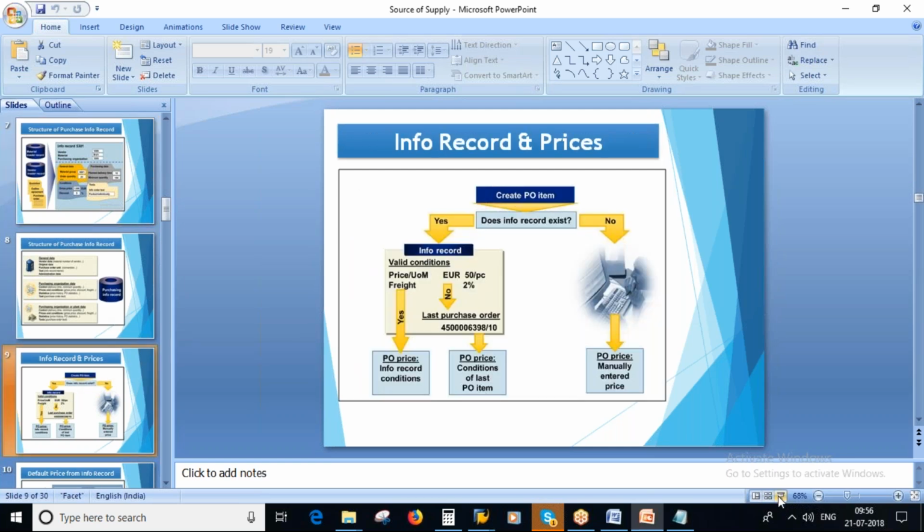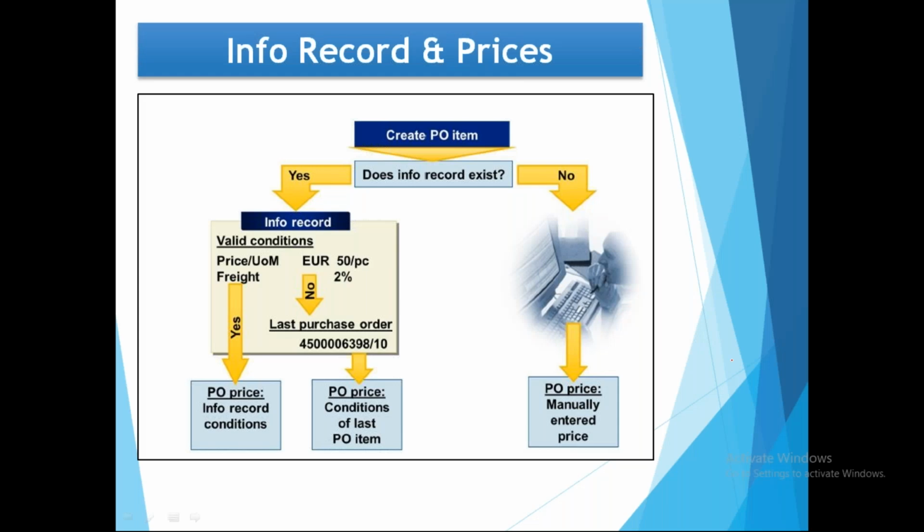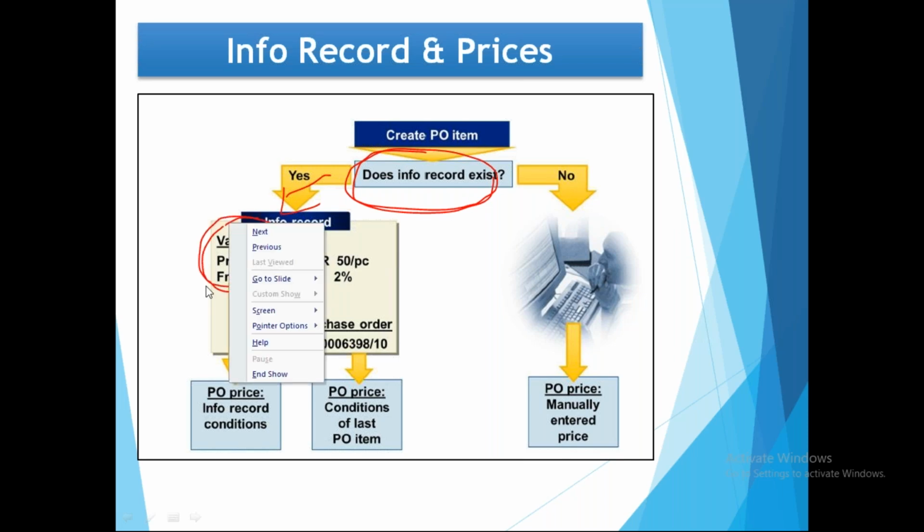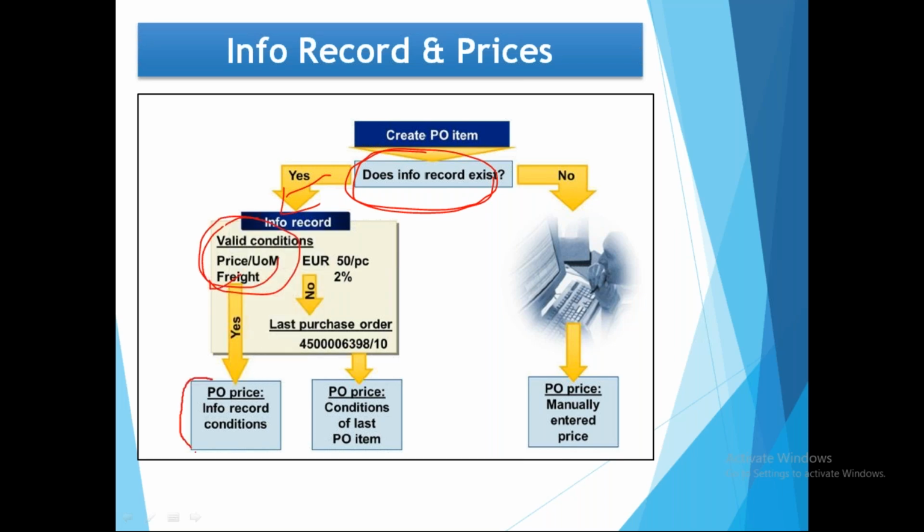So whenever you create a purchase order, system will check whether an info record exists or not. If yes, system will read the info record and it will propose all the price and everything into the PO. And if there is no info record, then system will search if there are any existing purchase orders, and it will propose the data from the last purchase order.